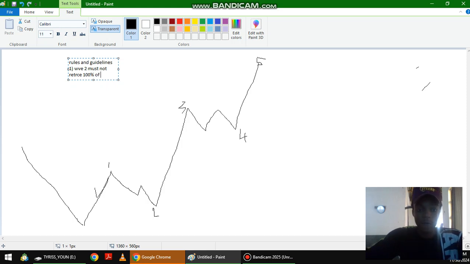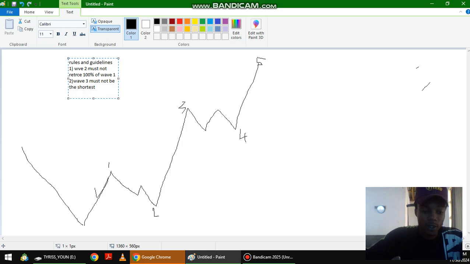Then the second guideline, wave 3 must not be the shortest. Damn, I don't know what's going on, but it is what it is. Wave 3 must not be the shortest.